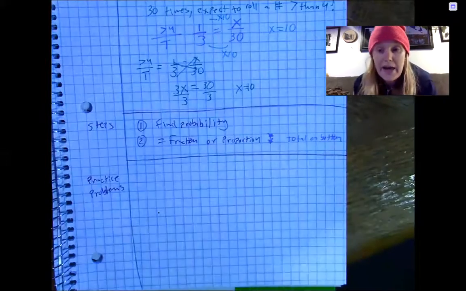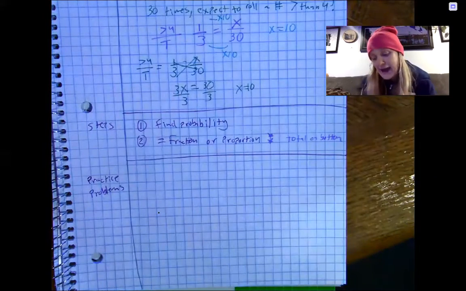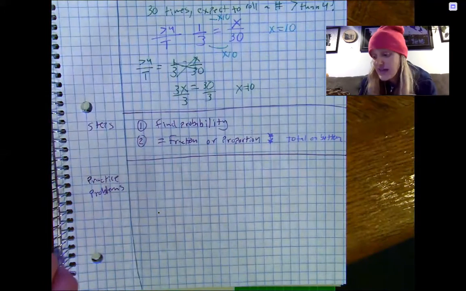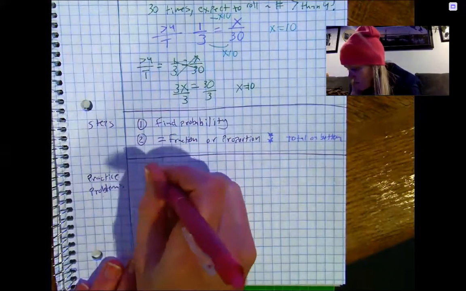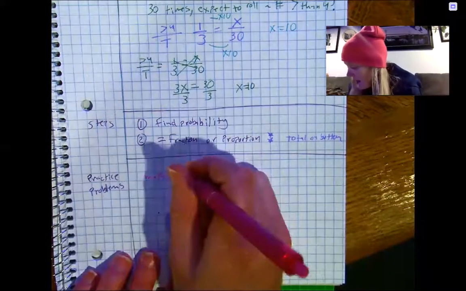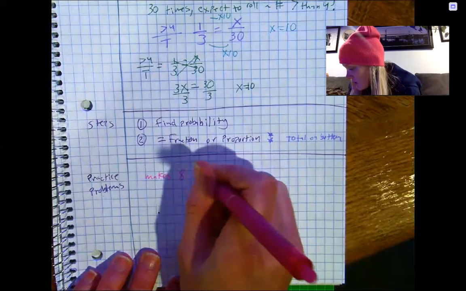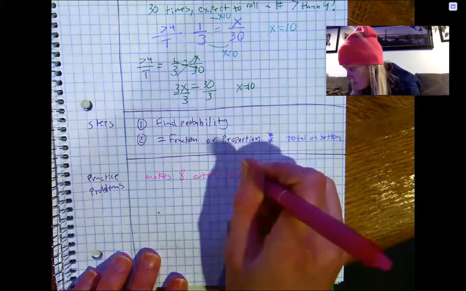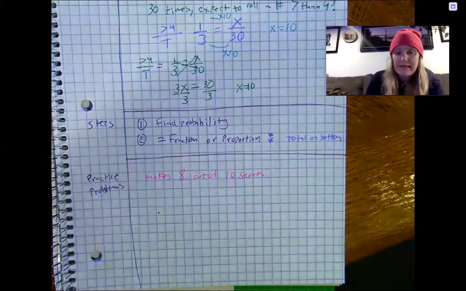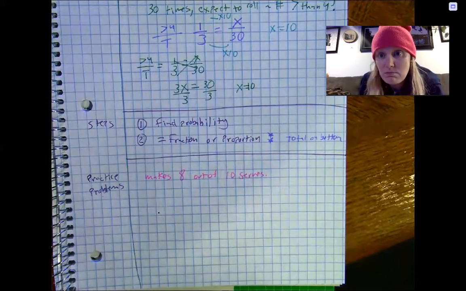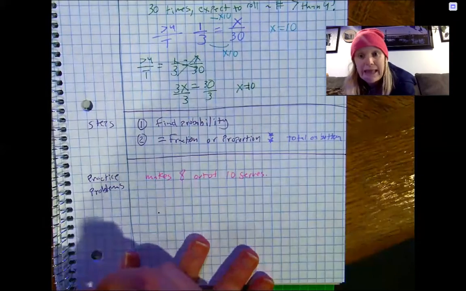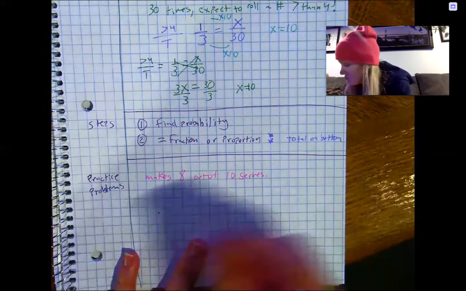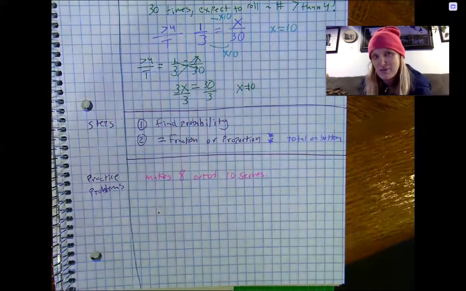If I am a volleyball player and I make 8 out of 10 serves typically, so Miss Minch makes on average 8 out of 10 serves. If I'm in a game and I serve, let's say 80 times, no, let's make it a number that's not confusing with those numbers.